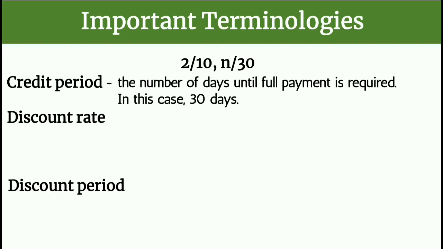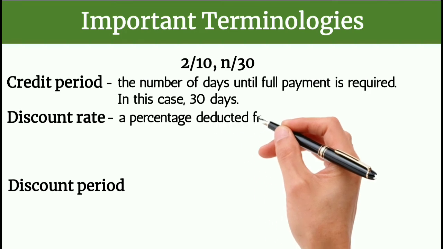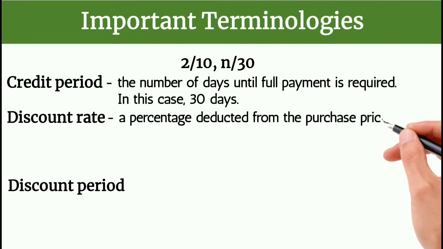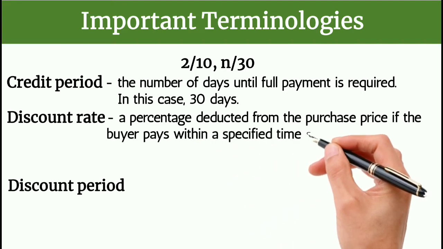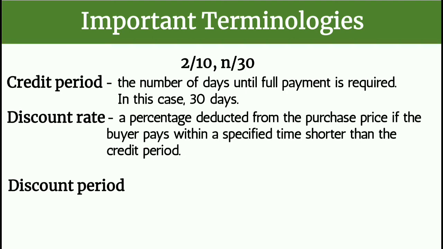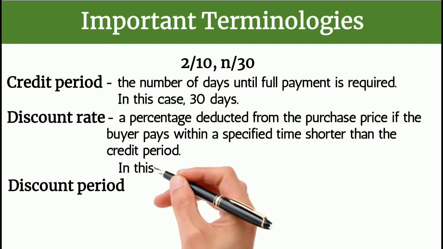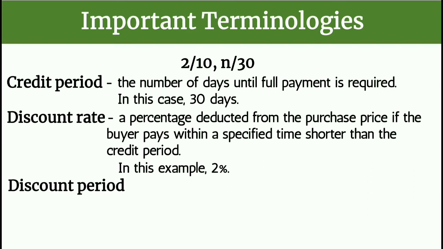Next, discount rate. Discount rate is a percentage deducted from the purchase price if the buyer pays within a specified time shorter than the credit period. Therefore, in our example, the discount rate is 2%. Next, discount period.